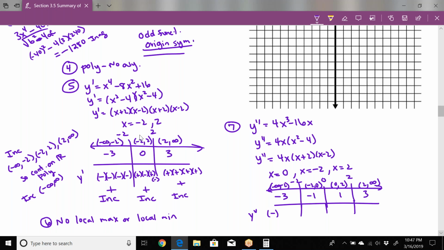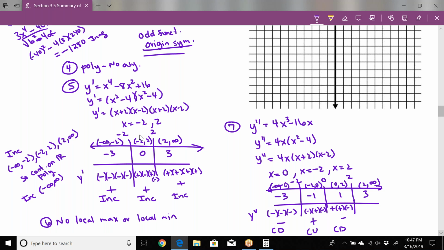So this is negative, negative, and negative, which is 3 negatives, which means this is concave down. If we plug in -1, we get a negative, a positive, and a negative, which comes out as a positive, so that's concave up. If we plug in 1, we get a positive, another positive, and a negative, which comes out negative, which means concave down.